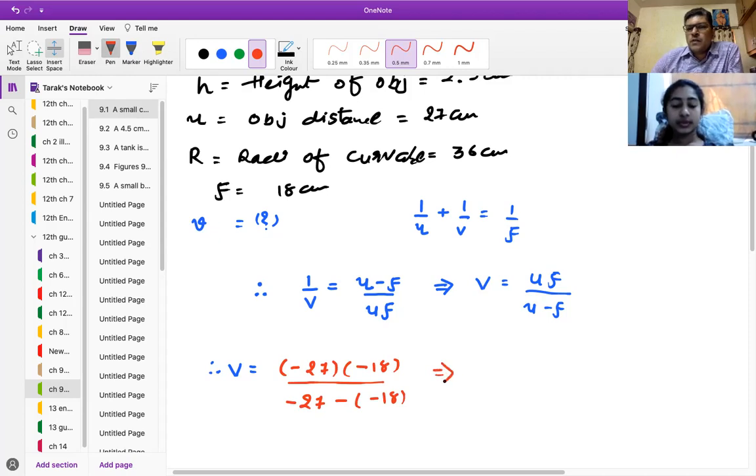So in the numerator, u and v both are negative, so it will give me a positive value.